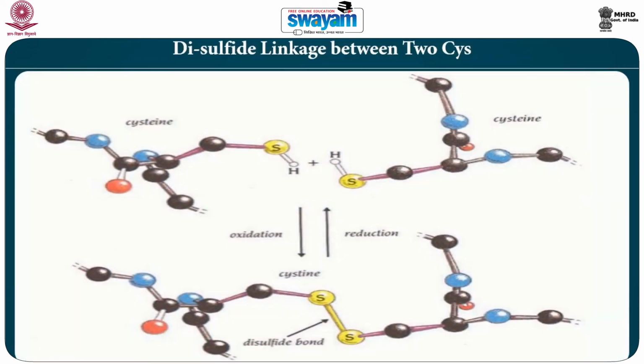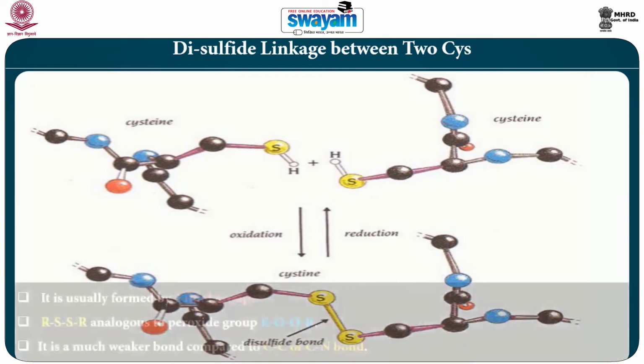It is shown in this picture how two cysteine molecules combine with each other and the SH hydrogens and one oxygen combined go away as water, and a disulfide linkage is formed, which is shown in the lower part of the figure.